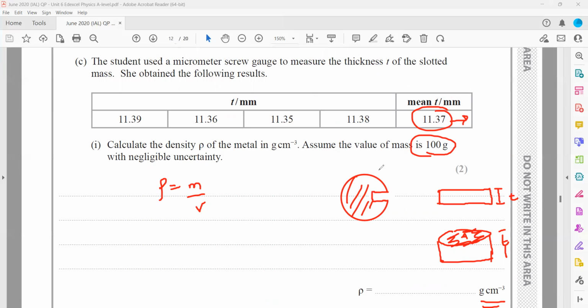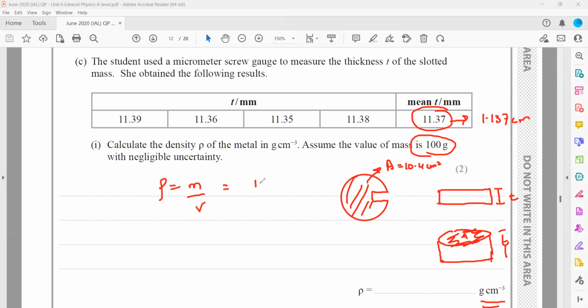So we have the area of this part and we have the thickness. The area of this part, the shaded region, was 10.4 centimeters square. Thickness is in millimeter. We have to convert it into centimeter. So it will be 1.137 centimeter.